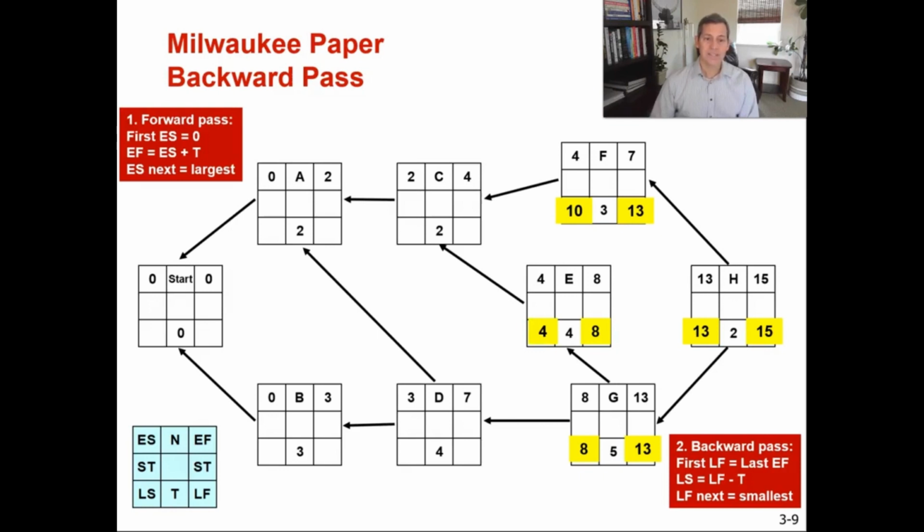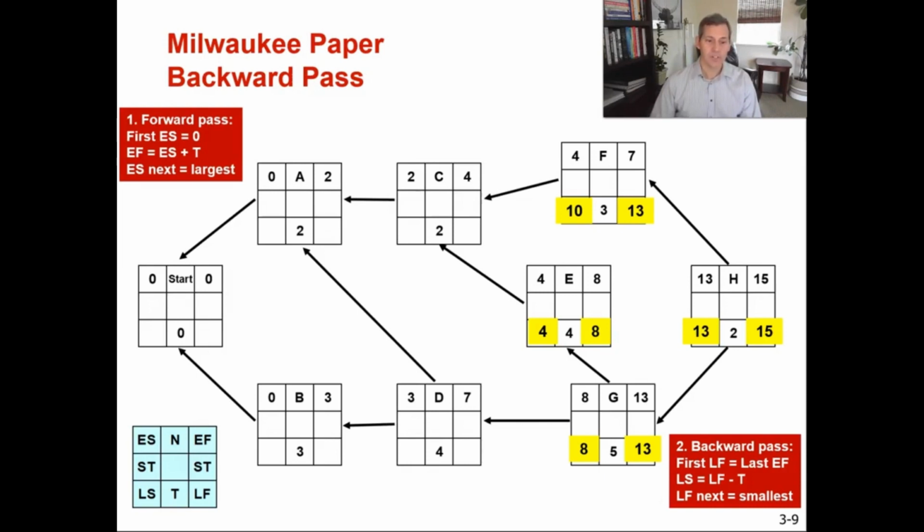Now let's go to C. C is our first decision to be made where we've got 2 immediate successors. We're either going to pick the latest start time of F, that is 10 weeks, or the latest start time for E, which is 4 weeks. Which one do we pick? Well, this is the backward pass.